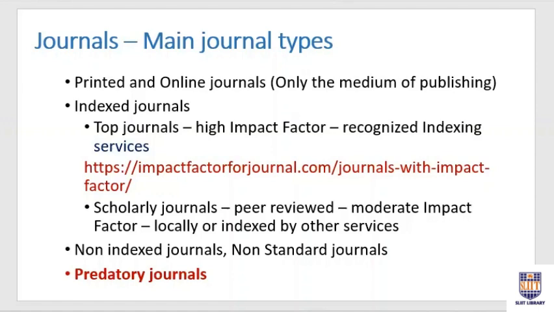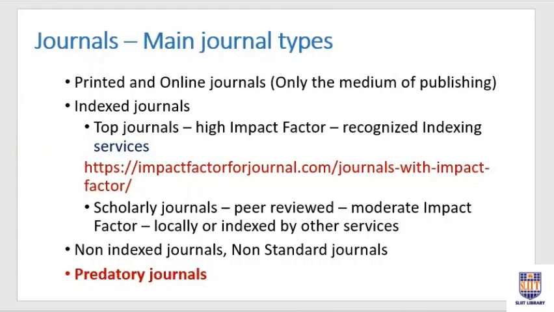Then there are scholarly journals, peer-reviewed. They may have a moderate sort of impact factor. Sometimes they are available locally or indexed by some other local services. Still, these journals are also good, and you can still publish in them.